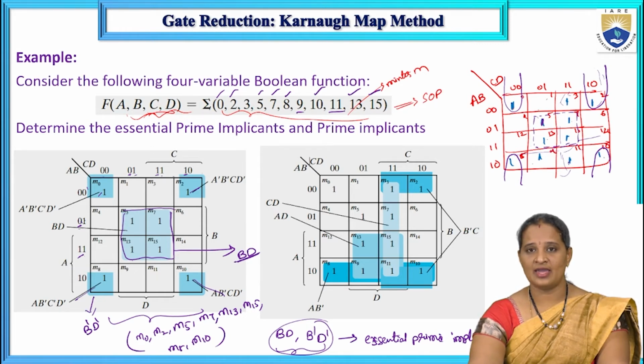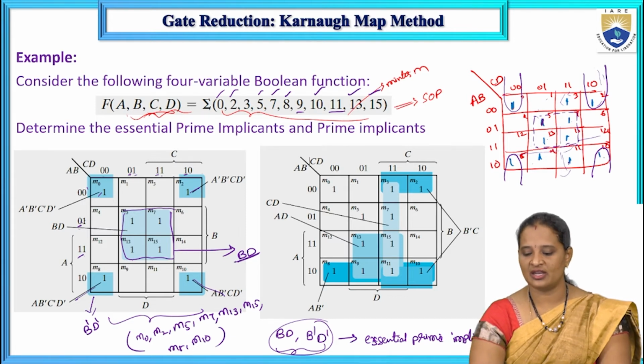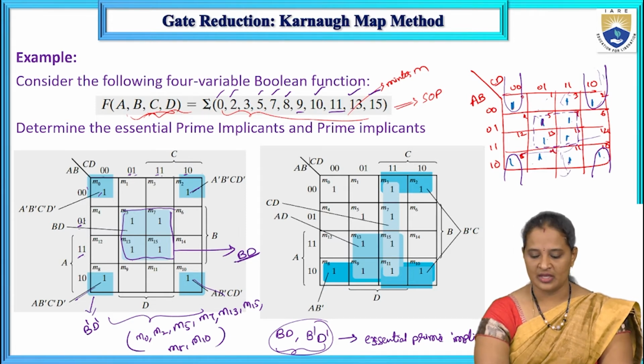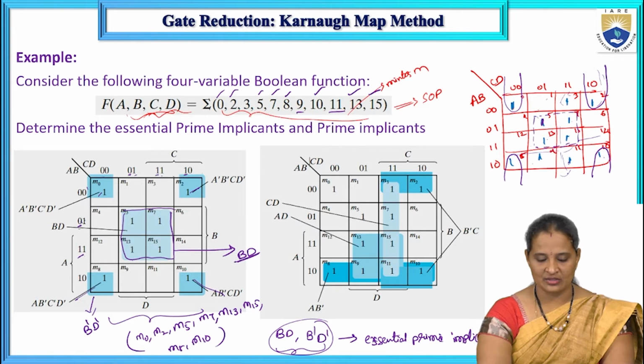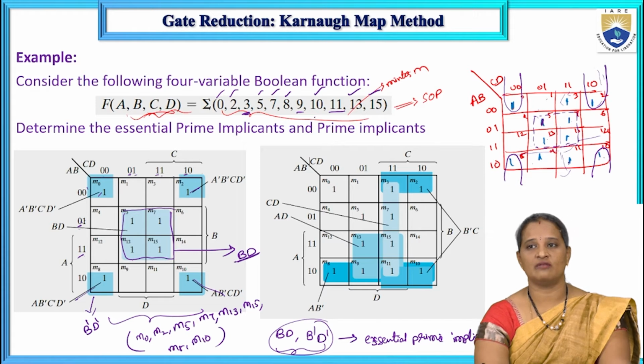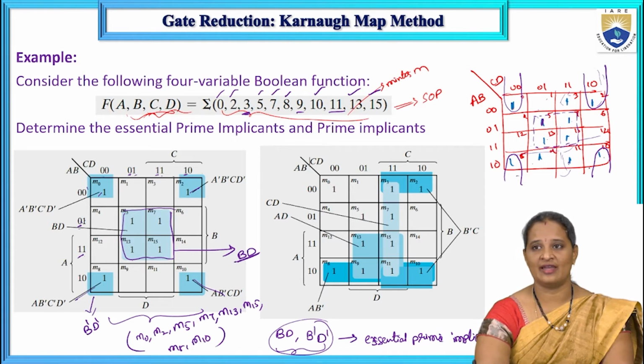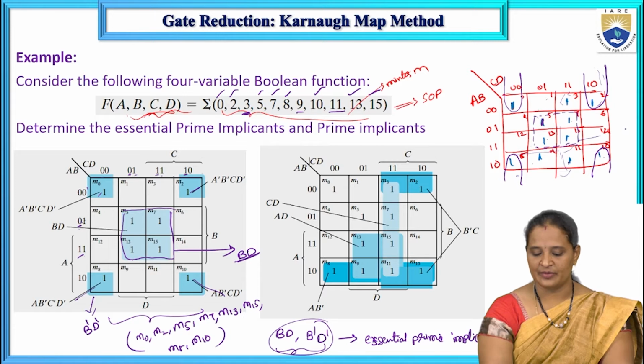So now I can form the group such that the remaining minterms 9 and 11 are covered. 3 is also not covered. So 3, 9, 11 are not covered. We need to form the group such that 3, 9 and 11 are covered with a minimum number of groups. So now let us see.